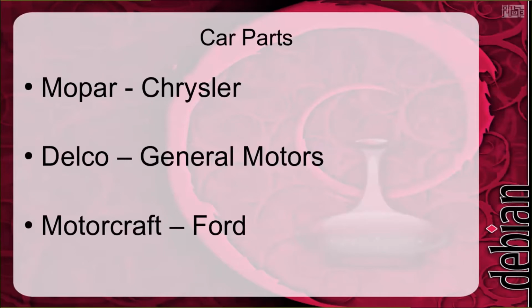We have the Mopar that goes with the Chrysler cars, and Delco with General Motors, and Motorcraft with Fords. So if you had a specific model car or manufacturer car, you usually use those specific parts. And if you try to put a Mopar part on your General Motors, it might not fit and work right. And the same thing if you tried to put a Motorcraft part on your Mopar, things wouldn't go right.